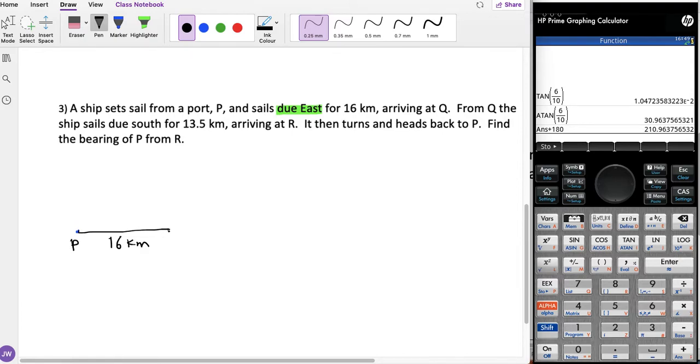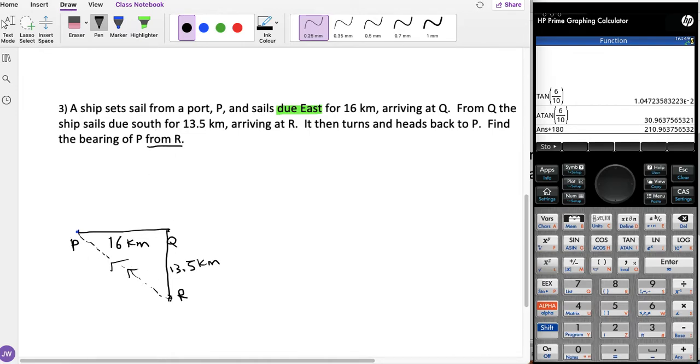There's my P, there's my Q. From Q, the ship sails due south 13.5 kilometers, and then it's at R. It then returns and heads back to P. Find the bearing of P from R.